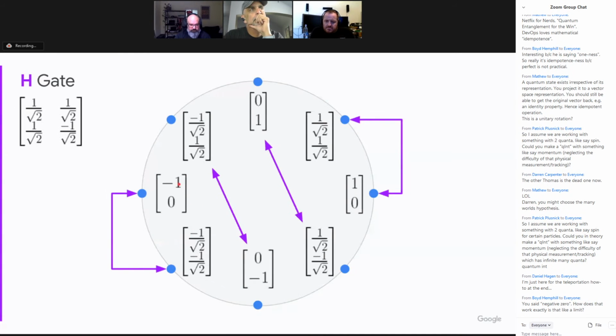We call it the H gate, and that's short for Hadamard, which was the fellow that this gate was named after. And what this operation does is slides our qubit out of some classical state and into this superposition state right here. Or it slides a superposition back into a classical state.